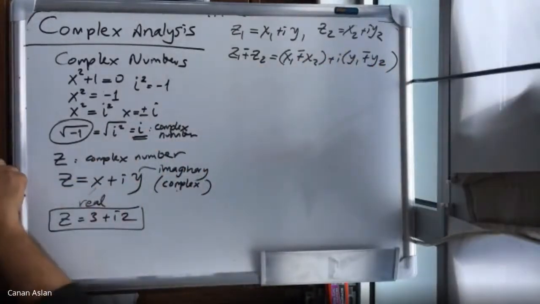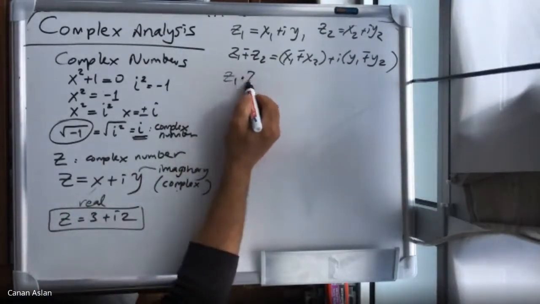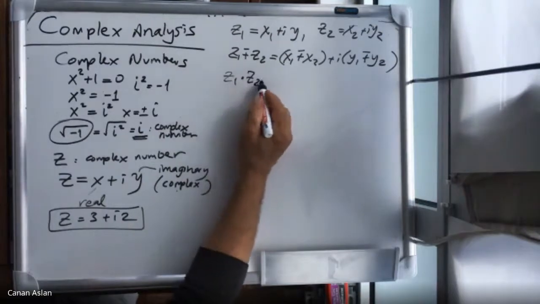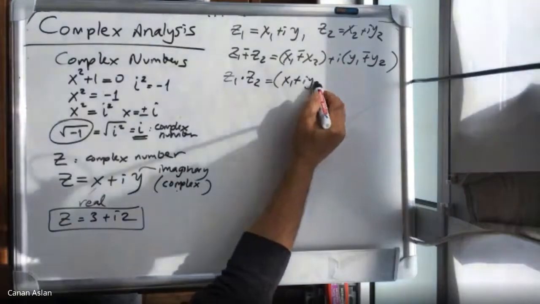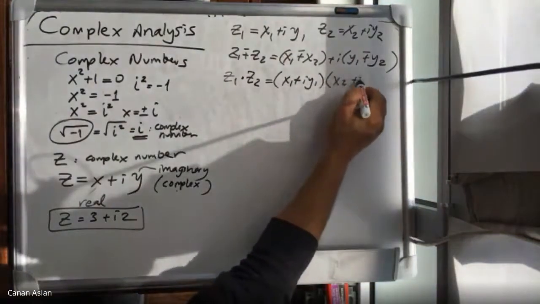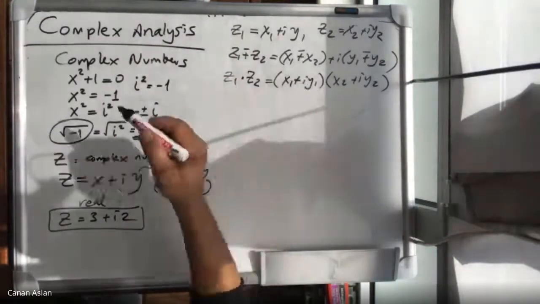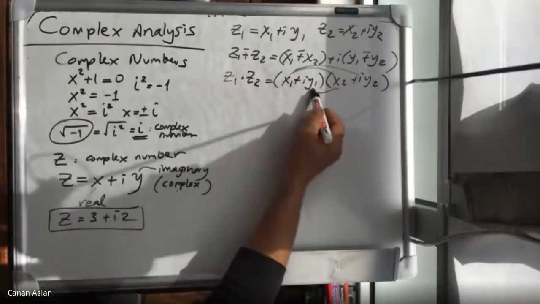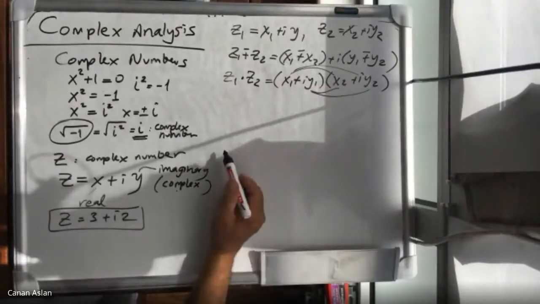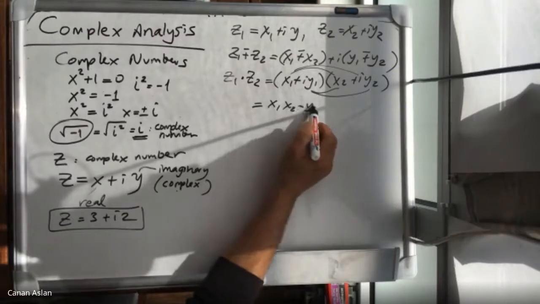Okay? So some operations. The product between the two complex numbers z1 and z2 is just the product of x1 plus i y1 times x2 plus i y2, and you have to do regular multiplications. Just multiplying this one and that, and then this one and this one. So basically we will have 4 terms, and the result will be x1 x2 minus y1 y2.